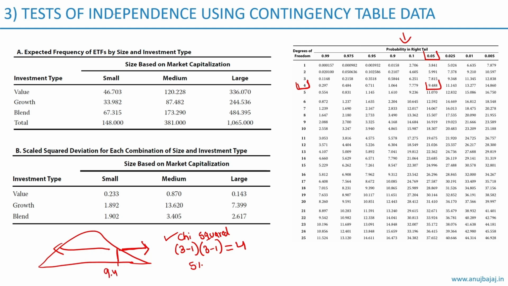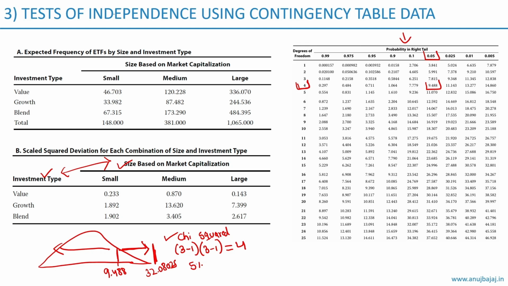The test statistic we calculated, 32.08025, is way above the critical value. So we reject the null hypothesis and conclude that the 2 variables, the size and the investment type, are not independent of each other. They are dependent on each other.